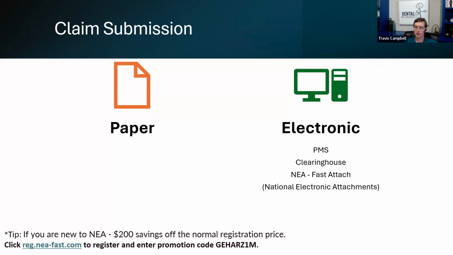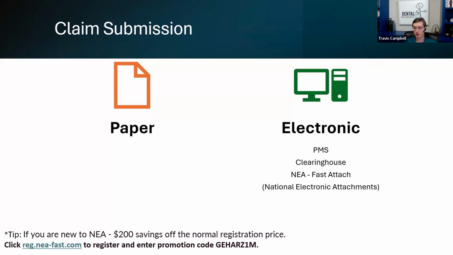So we're going to talk about clearinghouses, but you're also going to talk about how you handle attachments. Electronic attachments can be handled by a couple different companies. The most common one by far is NEA, National Electronic Attachments. Basically, you upload your files to this, which are stored in the cloud. And then on the claim form, you actually send the NEA attachment number.